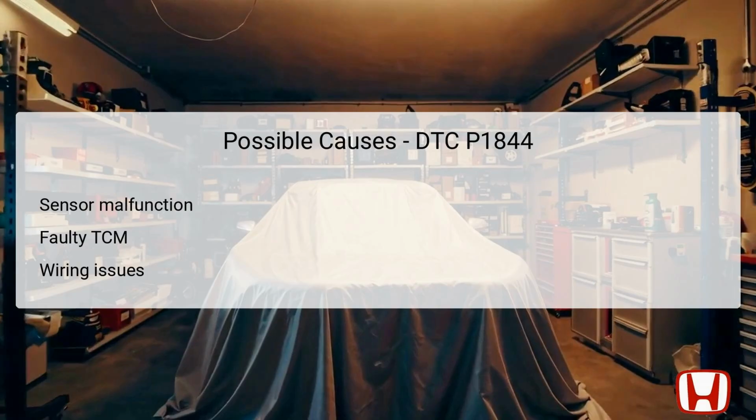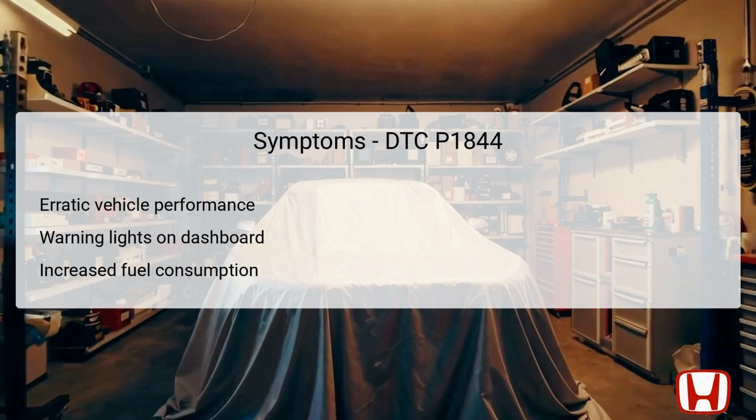Vehicles experiencing DTC P1844 may exhibit several noticeable symptoms. Erratic performance during acceleration is common, where the vehicle may hesitate or surge unexpectedly. Dashboard warning lights, particularly those related to transmission or engine performance, may illuminate, indicating a need for immediate attention.